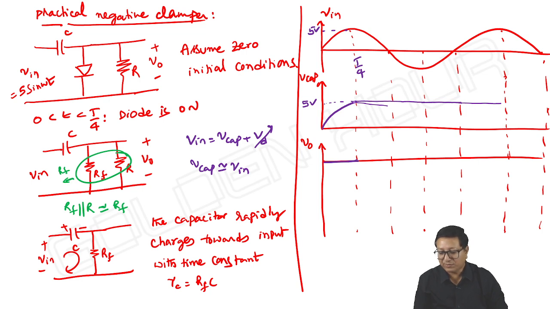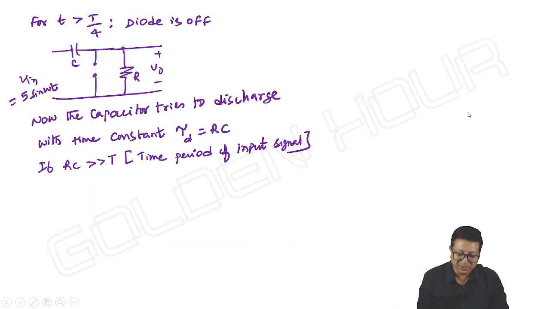So the capacitor voltage is almost constant due to the larger time constant. The capacitor is unable to discharge. Meanwhile, what is the input doing? Input is varying sinusoidally and V output is equal to V in minus V capacitor. It tries to discharge, but I have not chosen the time constant RC to be small. I choose it to be very large compared to the time period.